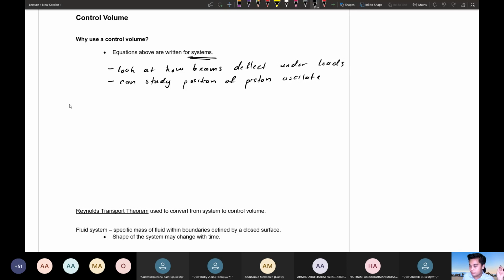In fluid mechanics, by the way, a fluid is something that moves, like water, like air, and it often alters the environment.